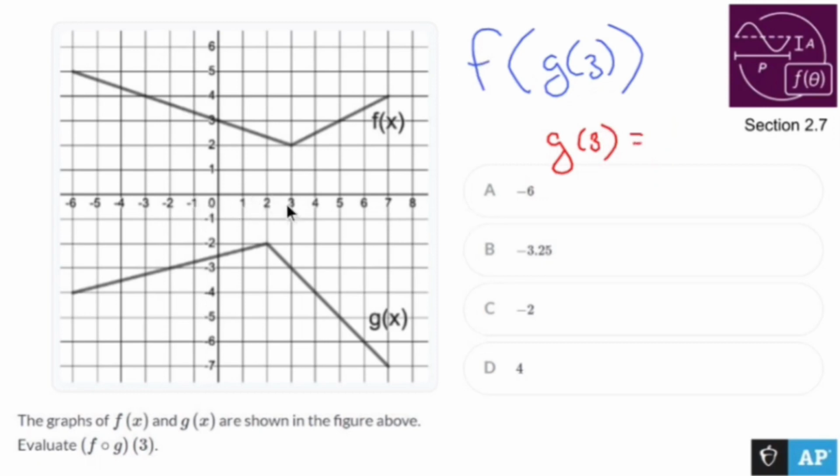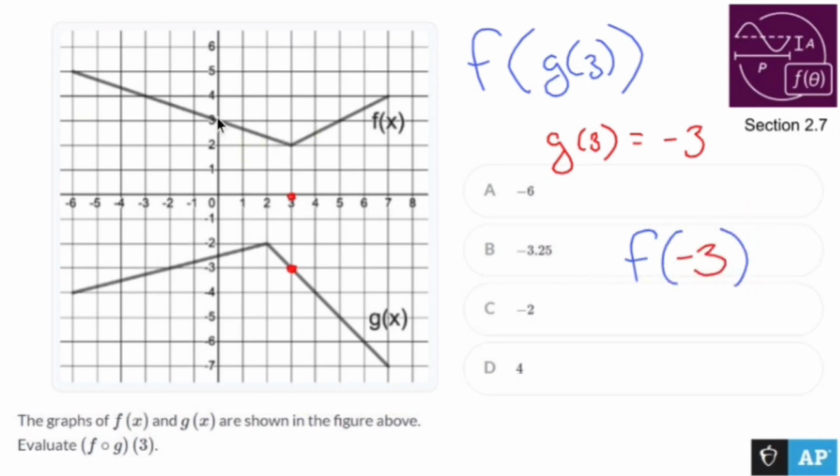So according to this, g of 3 appears to be negative 3. So f of g of 3 is the same as f of negative 3.